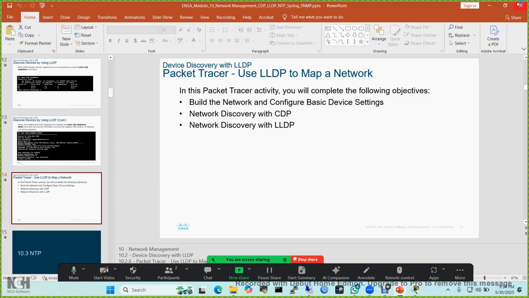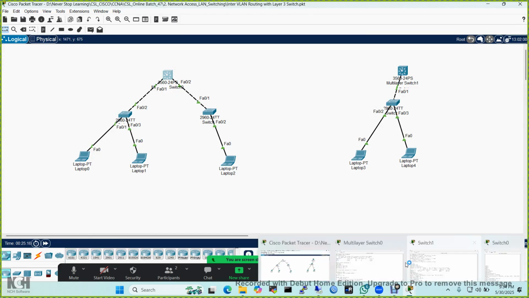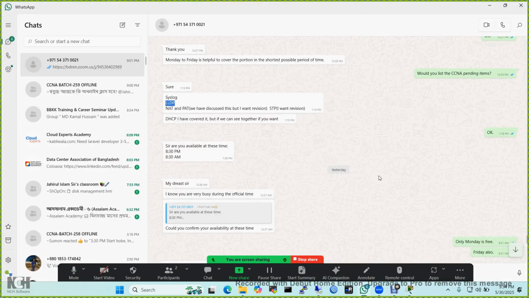Now we will go to our next topic. What can we cover? STP. LLDP we covered. As you want, no problem. I wanted to understand the real function of STP.